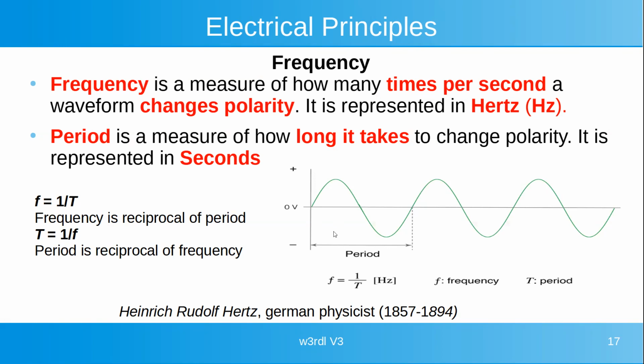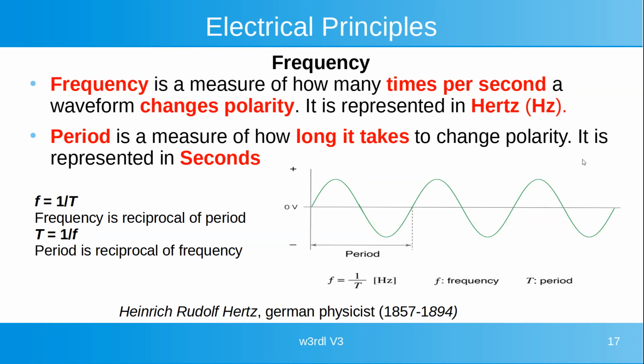So period is the number of seconds it takes for a cycle. Frequency is the number of cycles that happens in a second. And one is a reciprocal of the other. In other words, 1 over the period is the frequency, or the period is 1 over the frequency.